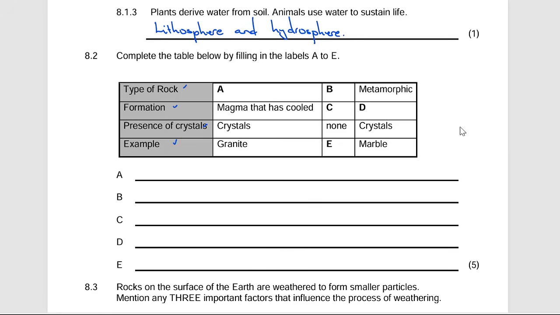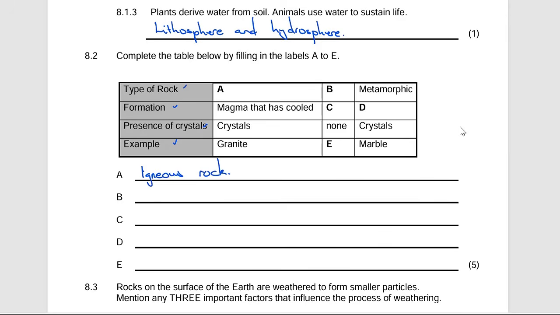So type of rock, and then B, and then metamorphic, right? So in terms of this, our A, type of rock, is going to be igneous rock, right? So this is what you're having in terms of our A there.